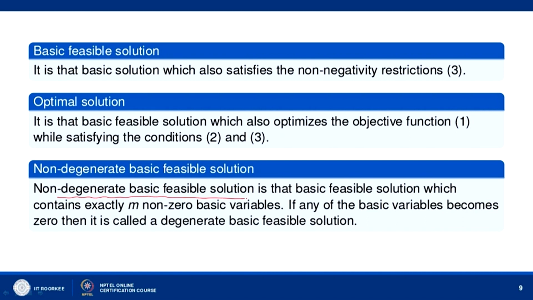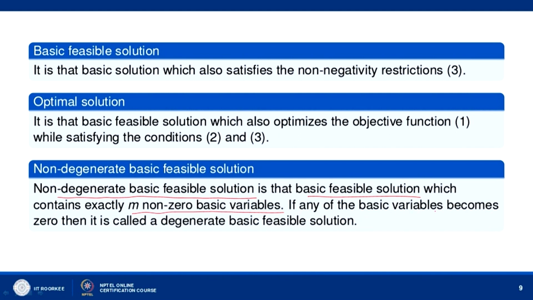Now, a non-degenerate basic feasible solution is that basic feasible solution which contains exactly m non-zero basic variables. So, if any of the basic variables becomes 0, then it is called a degenerate basic feasible solution. So, let us say x1, x2, ..., xn we are taking as zeros; then x1, x2, ..., xn are non-basic variables and s1, s2, ..., sm are called basic variables.